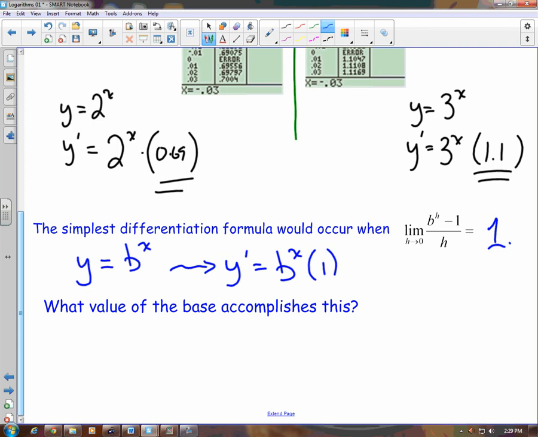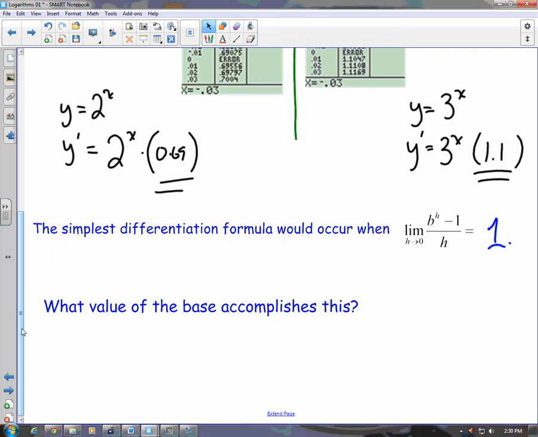That would be just great, wouldn't it? Right. And so now the question is, which value of the base is used so that when you take its derivative, you get the exact same thing? That's the key question.